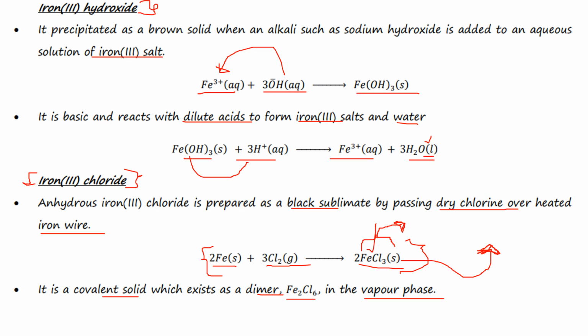So the reason why this exists as a dimer is because of polarizability. If you want a deeper explanation, you can refer to the video we made under structure and bonding explaining polarizability. You'll understand it in detail, and if you're still having any issues, reach out so that it can be addressed.